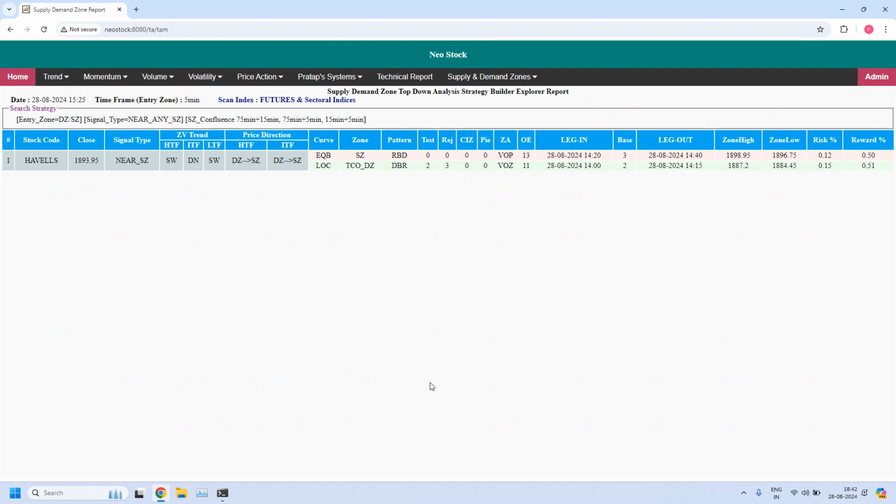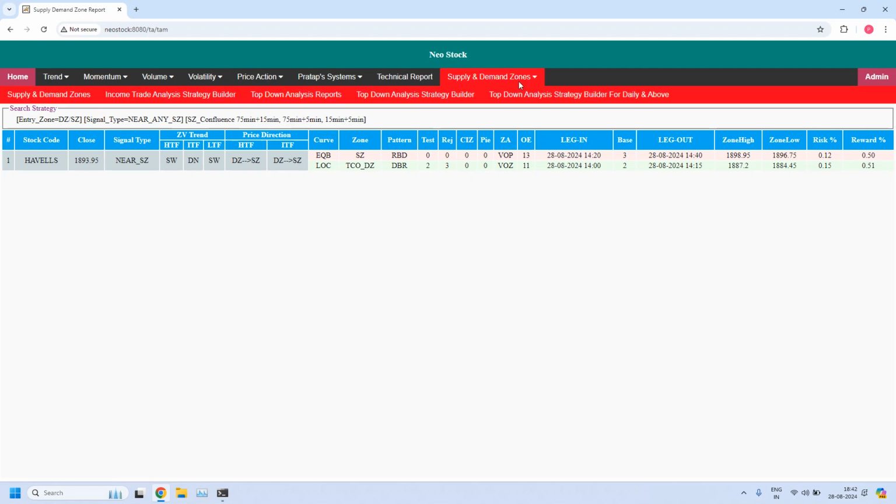And this supply zone is also having a good RR. So 1:4 RR is there. Okay, this is about stocks near demand and supply zones.